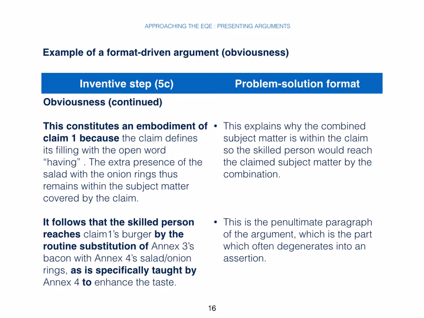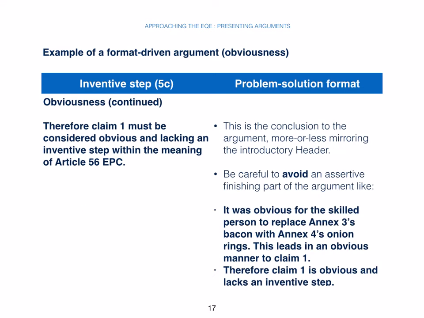This part of the argument is the penultimate, the last but one paragraph of the argument, and this is the part which very often degenerates into an assertion. It is the most difficult part of the argument to remain with good wording. And we'll see the conclusion in the next slide.